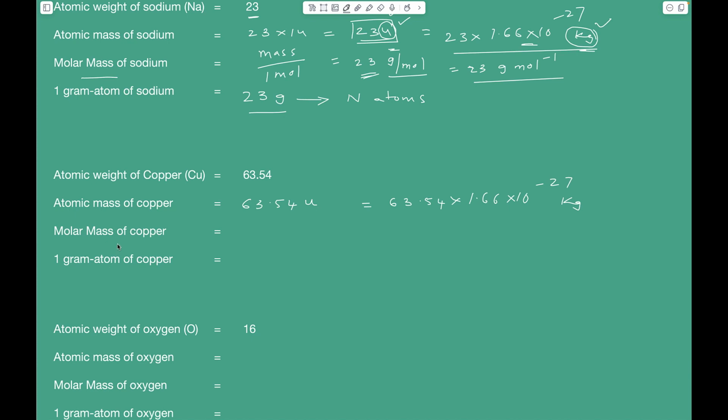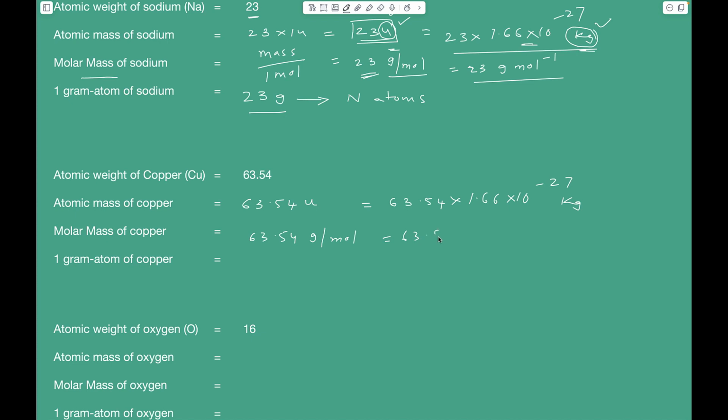Then what is the molar mass of copper? Remember, molar mass is the mass of the substance per 1 mole of the substance, and 1 mole of any substance contains an Avogadro's number of particles. Because copper is also a metal, the particles that copper is composed of are copper atoms. So it is its atomic weight, that is 63.54, expressed in grams per mole.